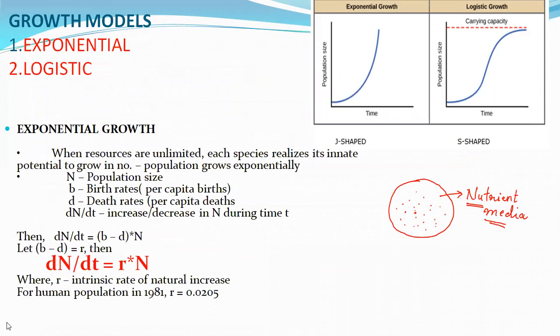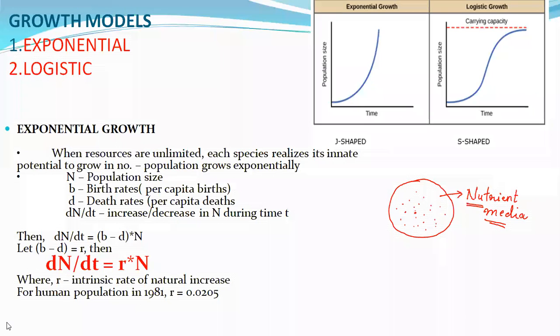If there are no proper resources because of migration, organisms moving from one place to another, or because of drought, no food, because of the weather and all, then there takes place a competition for the growth.